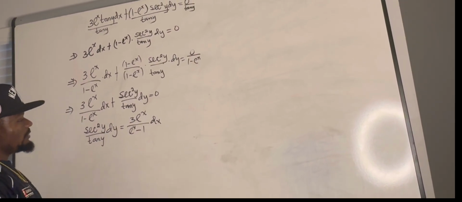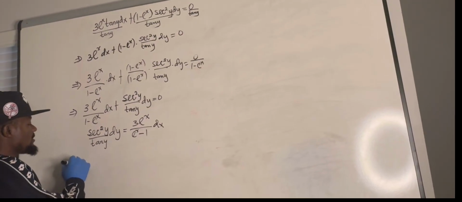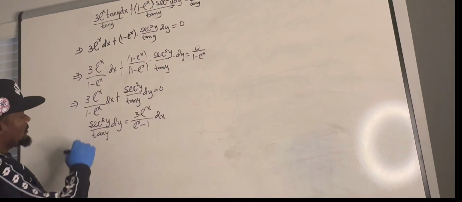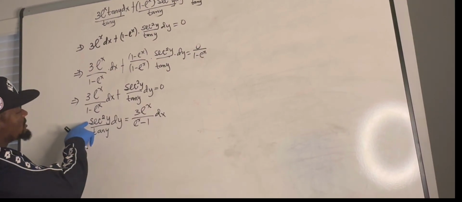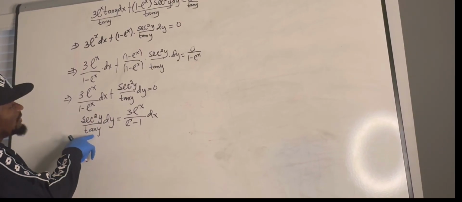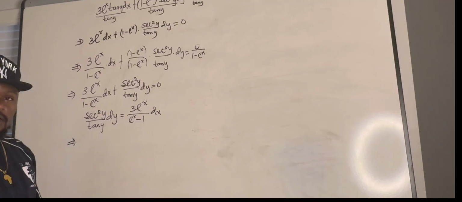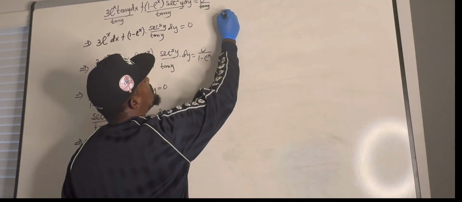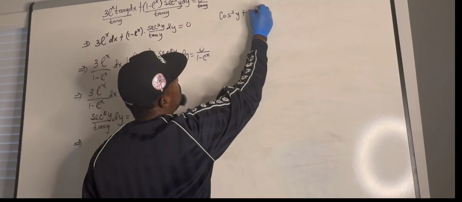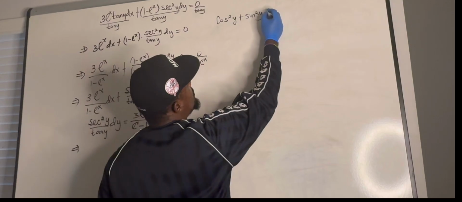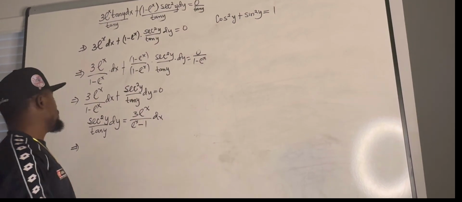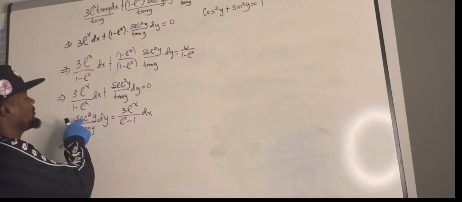So, at this point, we can simplify the left-hand side before we continue applying integration sign on both sides. Now, in order to do that, I need to understand what sec squared y is in terms of tan y. Remember, in trigonometry, where you have this very familiar identity, cos squared y plus sine squared y equal to 1, I can go ahead and create sec squared y.